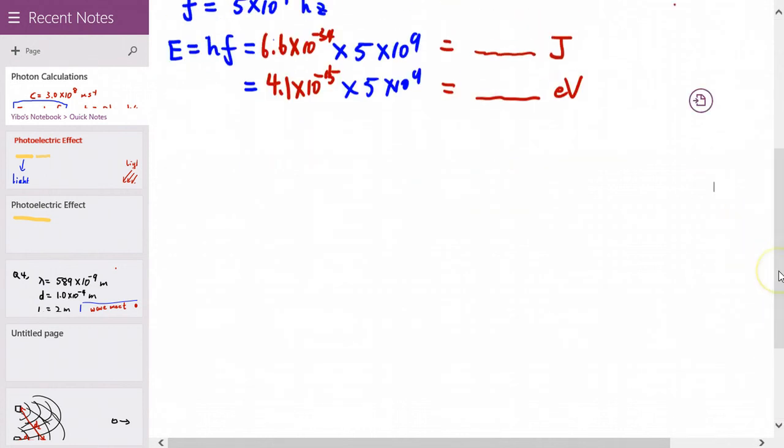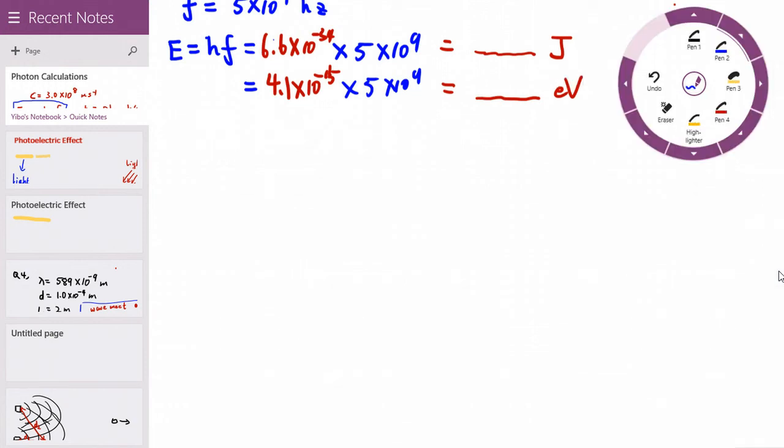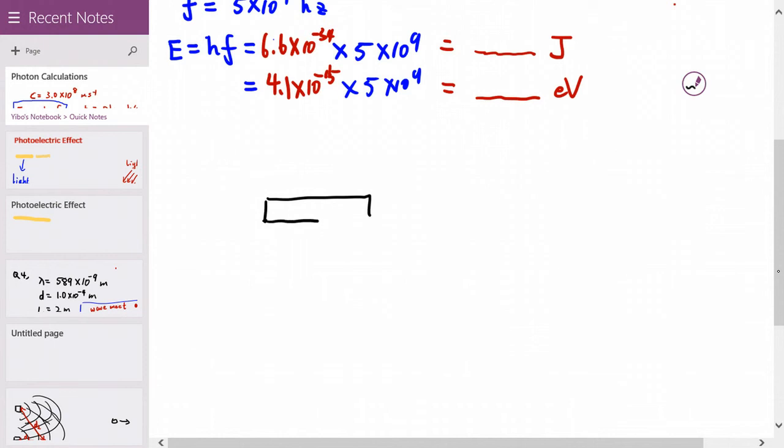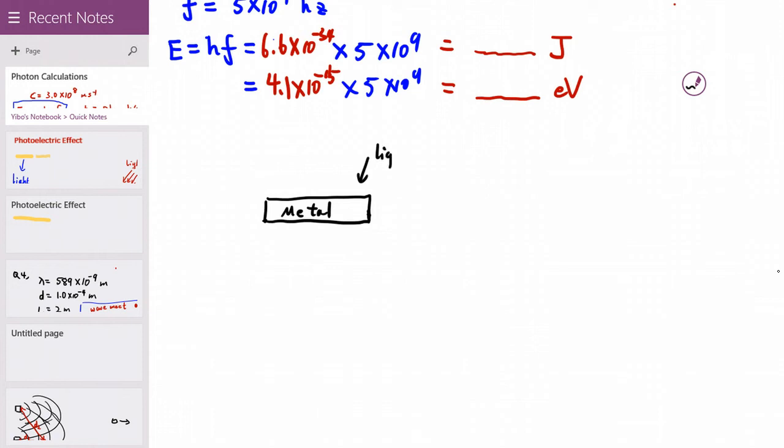Okay. Now just remember, let me refresh your memory first. What's happened is we have metals, and when we shine light on it, an electron will escape. That's what we talked about before.